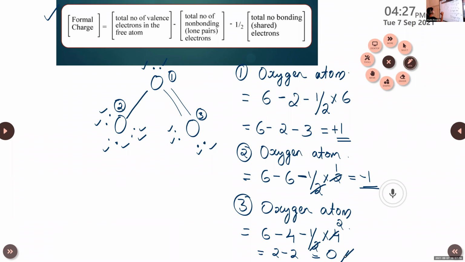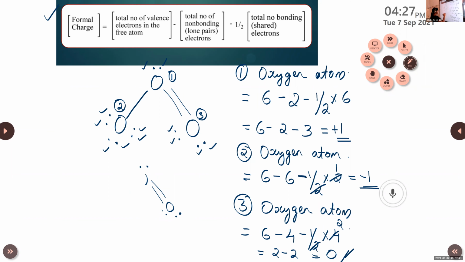So we can redraw the Lewis structure with the formal charges. Here the first oxygen atom with plus 1 charge. And this one is the third oxygen atom, with its lone pairs and charge 0, so you need not represent any numerical value.